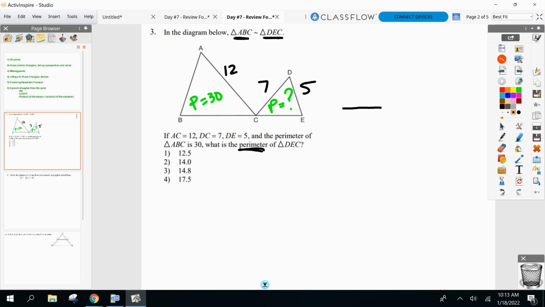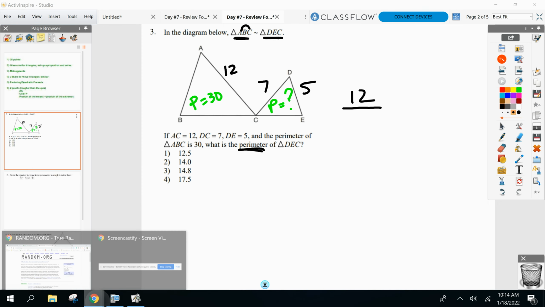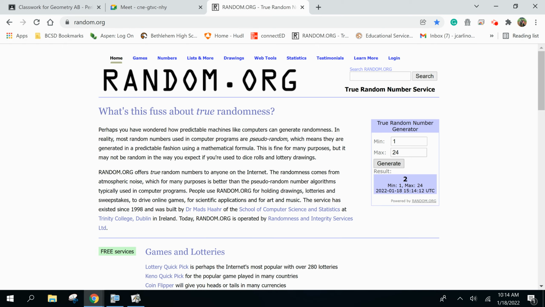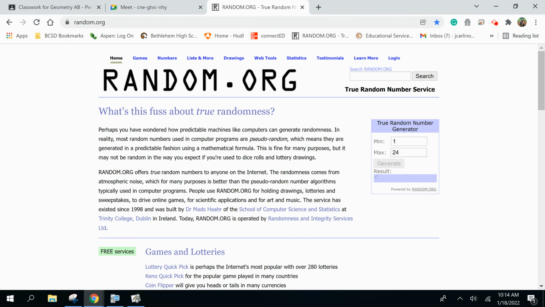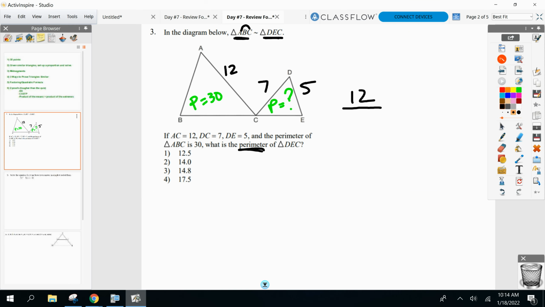12 is side AC, A to C. So that should correspond with what on the other triangle? Side AC and side DC, which is 7.